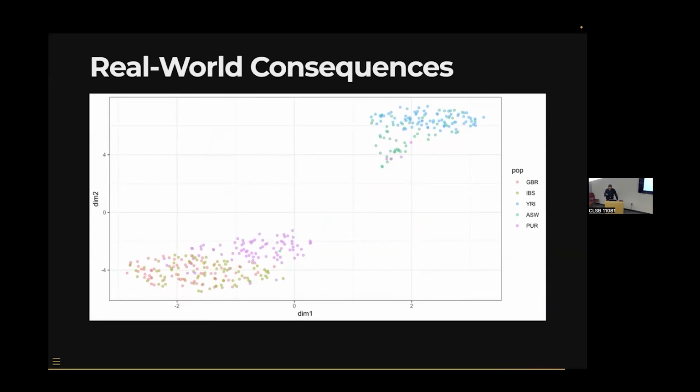I think these are groups where they went to the place. So these are British, that's red, Spain and Portugal, that's yellow, gold, I'm not good with color names. Then there's Yoruba, the Nigeria region, that's blue. And then there are African Americans and Puerto Ricans.